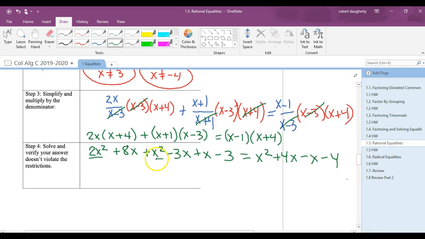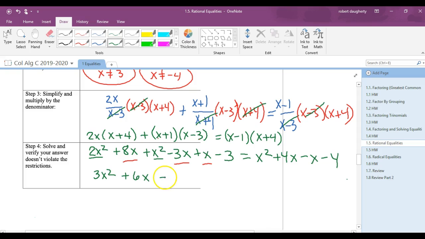It looks like those two numbers are going to combine. What's 2x squared plus x squared? 3x squared. And then what is 8x minus 3x plus x? So 8x minus 3x is 5x. 5x plus x is 6x.